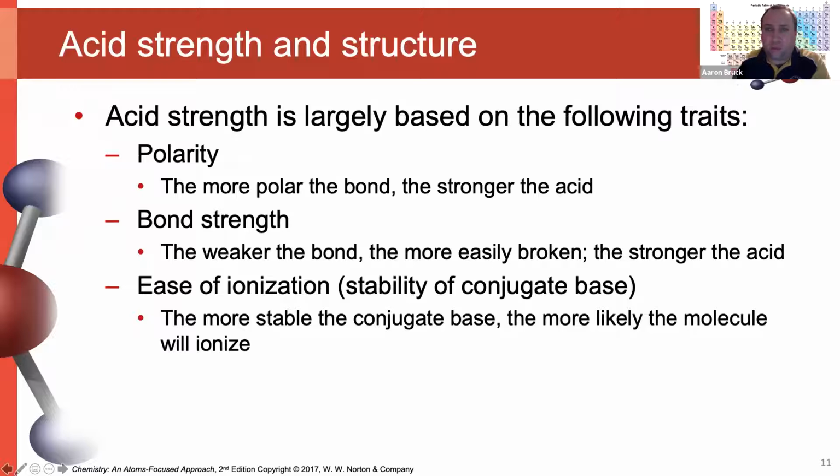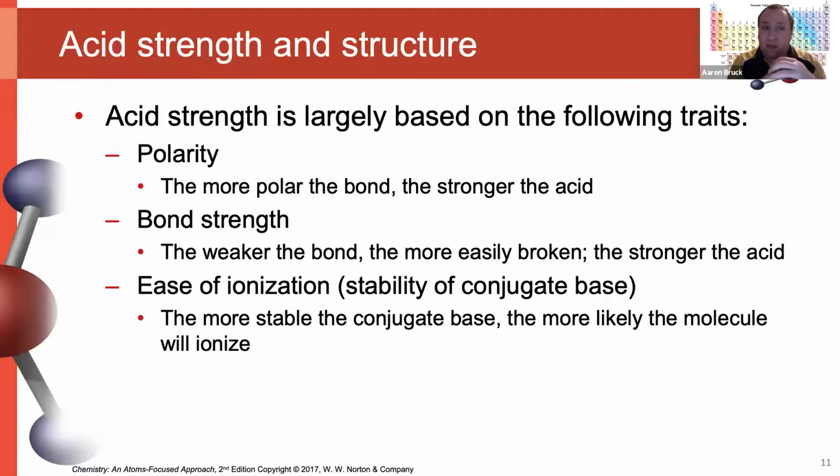There are three primary factors that go into whether an acid is going to be strong or weak, and how strong and how weak those acids are. The first is polarity. It's relatively simple. The more polar the bond is, the stronger the acid is going to be, because the more that the electrons are being pulled away from that hydrogen, the more easily that hydrogen will just pop off.